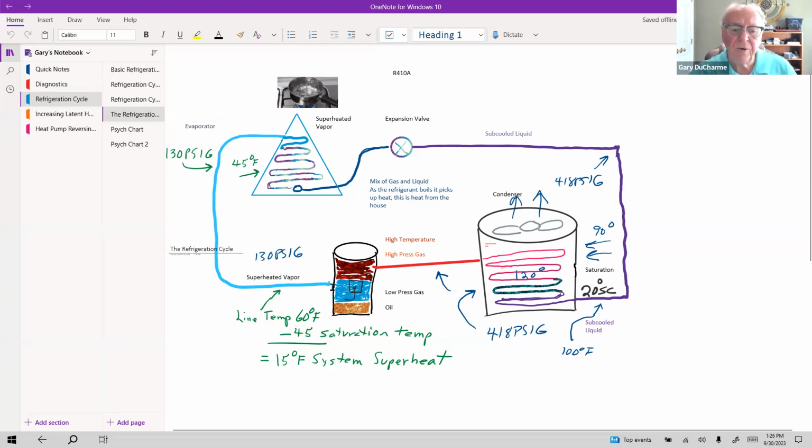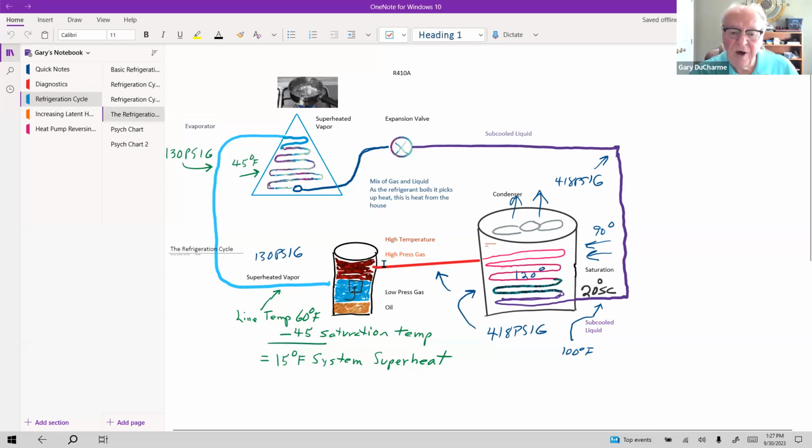So this cold vapor coming in is raised in pressure by the compressor, which compresses that refrigerant from a low temperature, low pressure vapor to a very high temperature, high pressure vapor, superheated vapor, because the compressor is a vapor pump. It wants cold vapor coming in, and it will give you high pressure vapor going out.